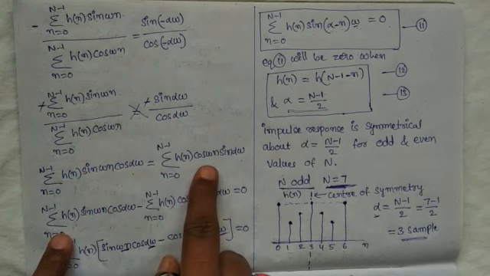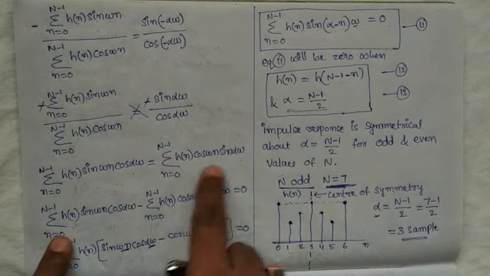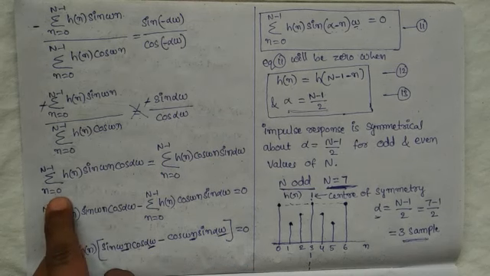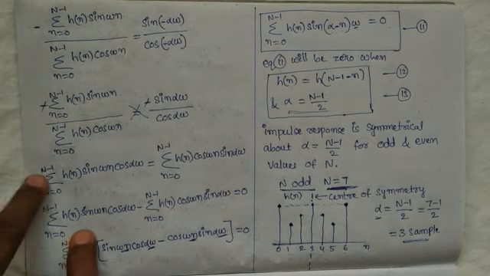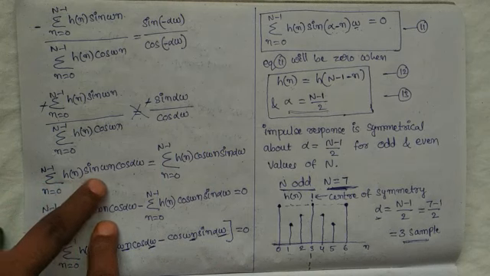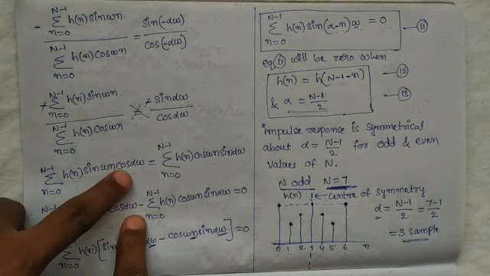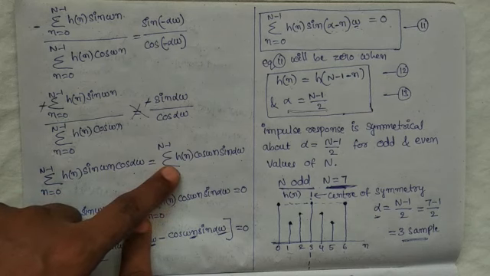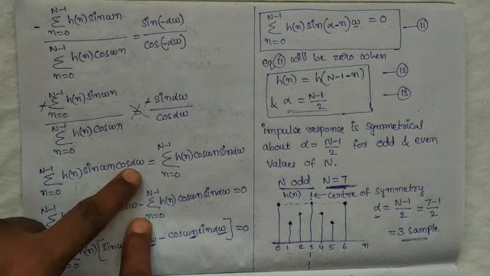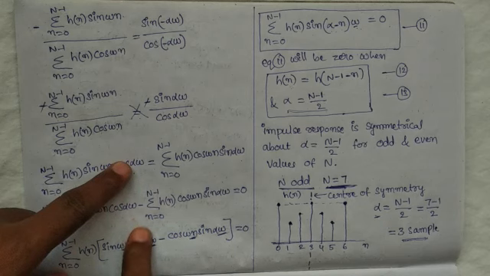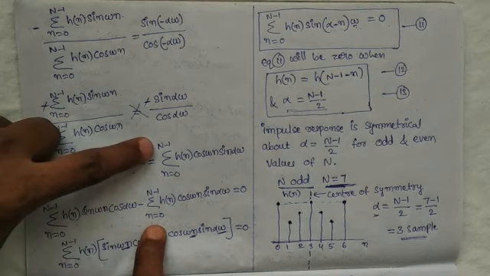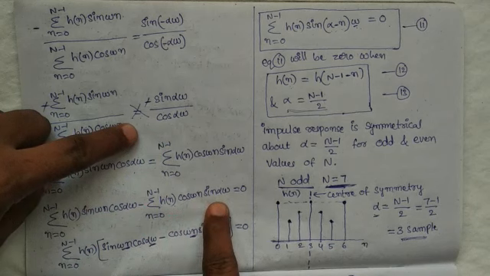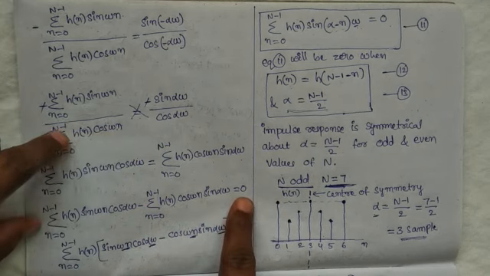Here we are taking this term to the left hand side. Here summation n is equal to 0 to capital N minus 1 h of n sin omega n cos alpha omega, positive term. Here we are taking this to this side, means sign changes. Sign is minus. It is minus summation n is equal to 0 to capital N minus 1 h of n into cos omega n sin alpha omega is equal to 0.